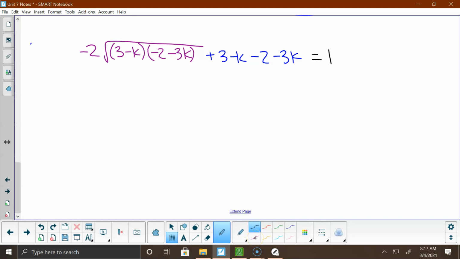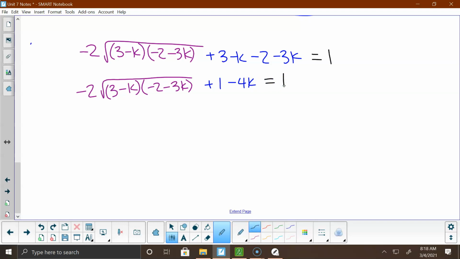So we're going to start off by ignoring the purple just a little bit, and we're going to combine everything in blue and then move it over to the other side. So on that blue stuff, I've got 3 minus 2, that gives me 1, and then minus 4k. And this will still equal 1, right?